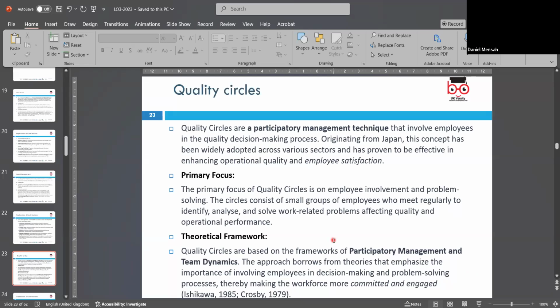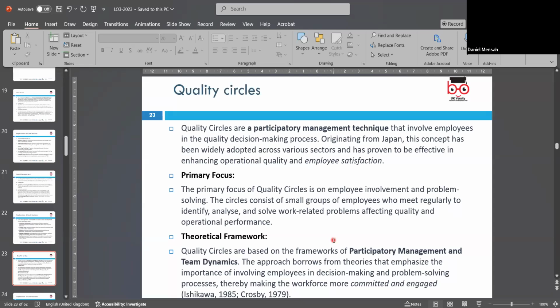And basically, if you include your employees in the decision-making process, not only does it enhance the quality of your operation, but it leads toward the satisfaction of your employees, which is very important for their performance and productivity, which leads toward value addition in terms of better productivity and cost reduction.